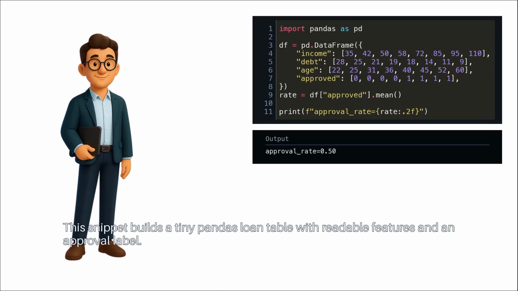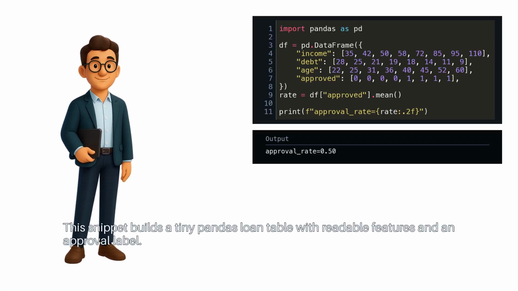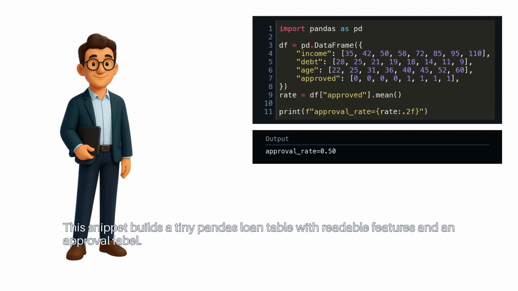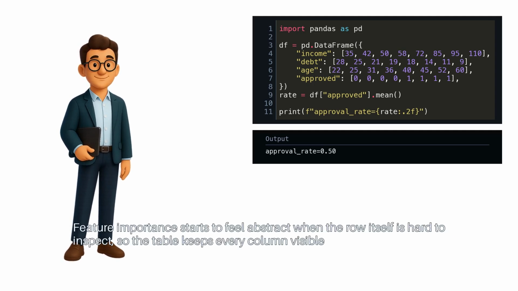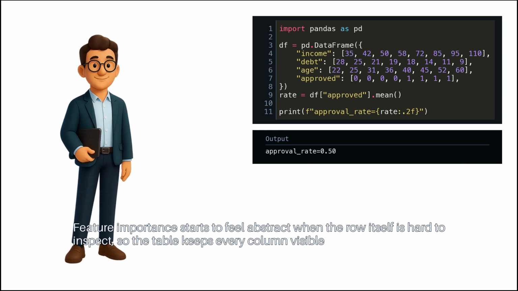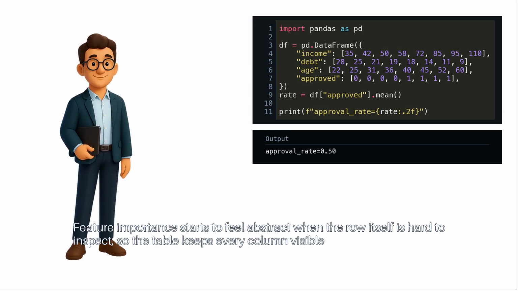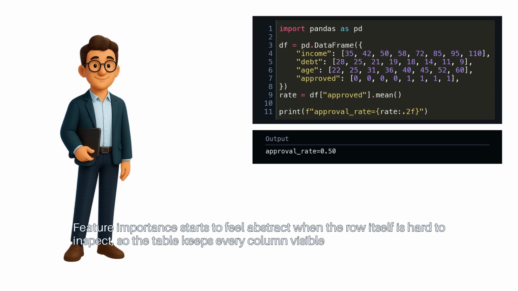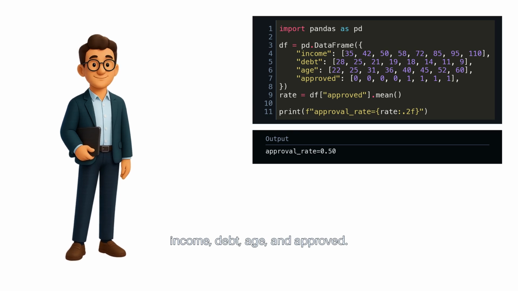This snippet builds a tiny pandas loan table with readable features and an approval label. Feature importance starts to feel abstract when the row itself is hard to inspect, so the table keeps every column visible: income, debt, age, and approved.